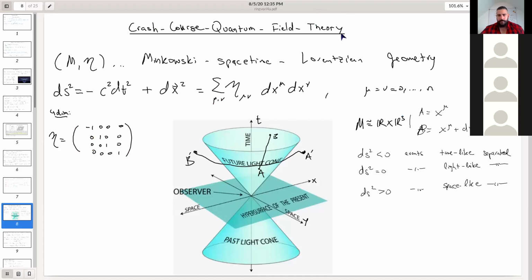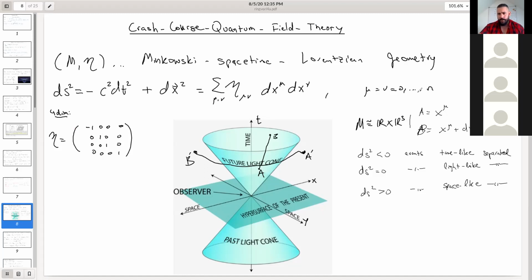It will be simplistic, but I think I will cover, at least for the free, non-interacting case, the basics. So first, let us start with what we consider in special relativity, the space-time, which is the Minkowski space-time.